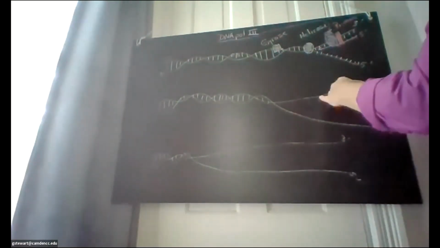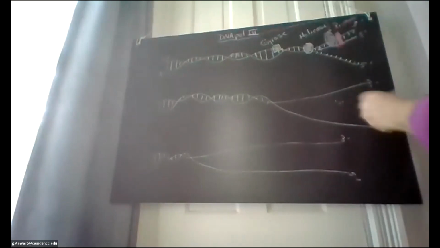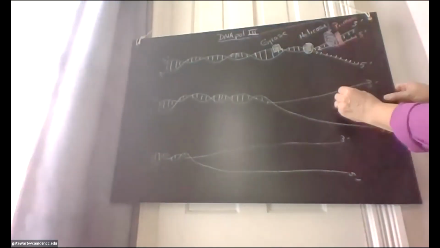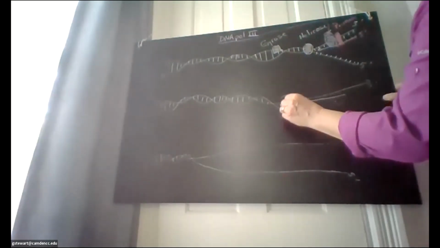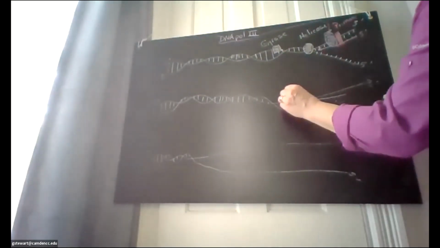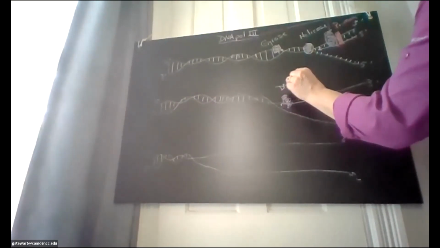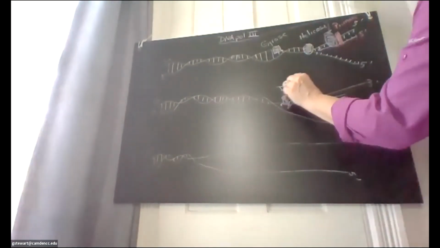Now, on my second drawing down here, I would have the DNA that was already made, and I would put polymerase 3 out here, because this is a moving target, right?